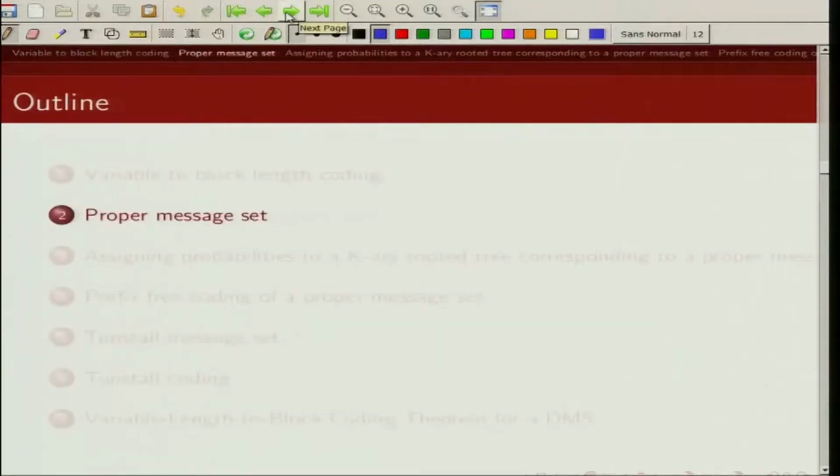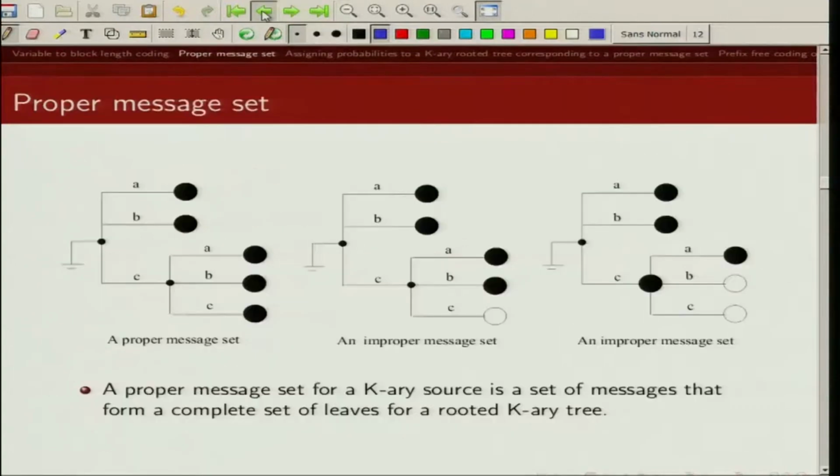Now, how do we do this source parsing? That brings us to this concept of proper message set and improper message set. So look first at this example. Let's say I have a source that emits three letters. It's a ternary source which emits A, B and C. Let us look at this particular message set.